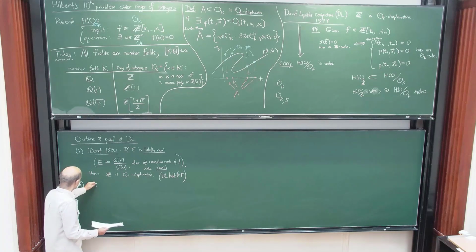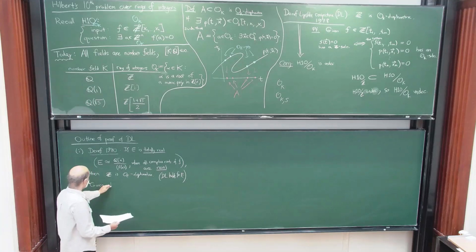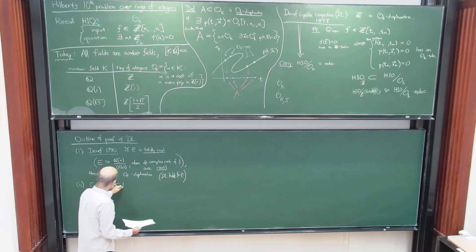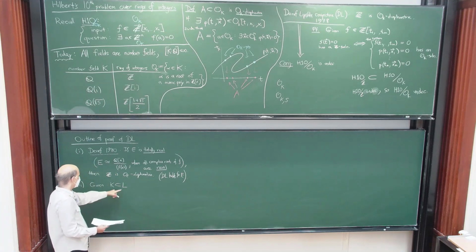So the second ingredient relies on a particular hypothesis depending on a finite extension of number fields.